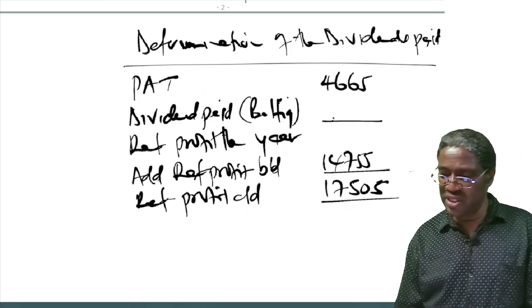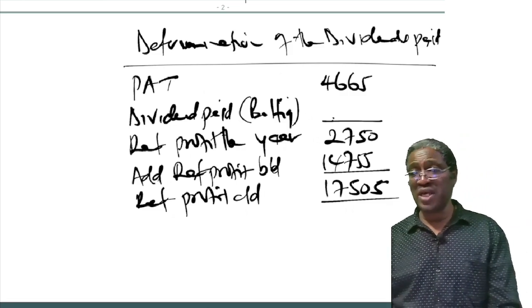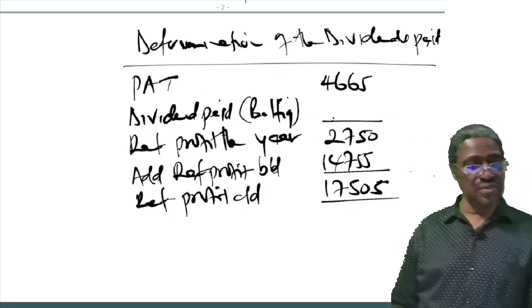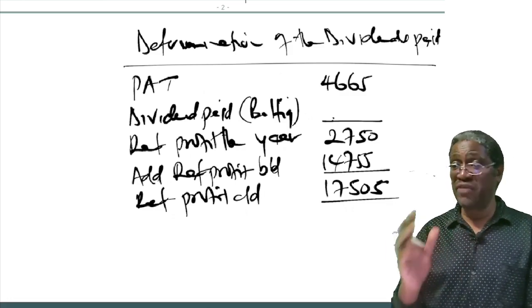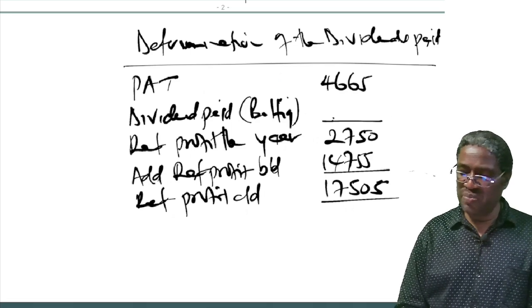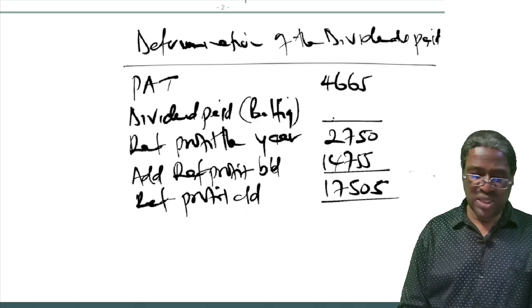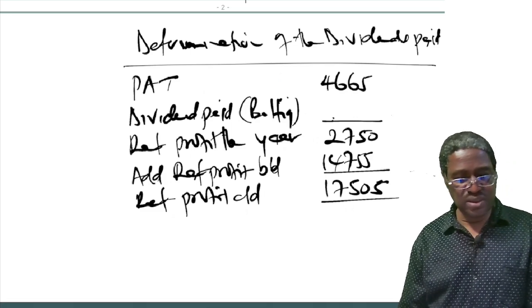So these guys retained 2,750. Hope you are getting it like mine. So then I ask myself, if the profit after tax was 46.65, out of which they paid a dividend or whatever, and they retained 27.50, they must have paid a dividend.